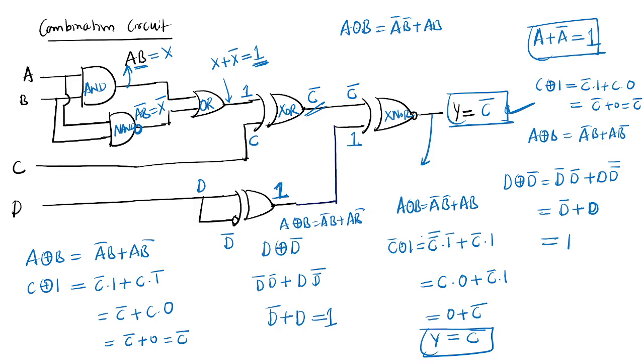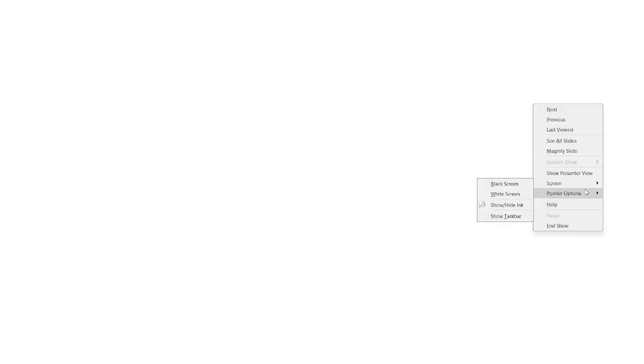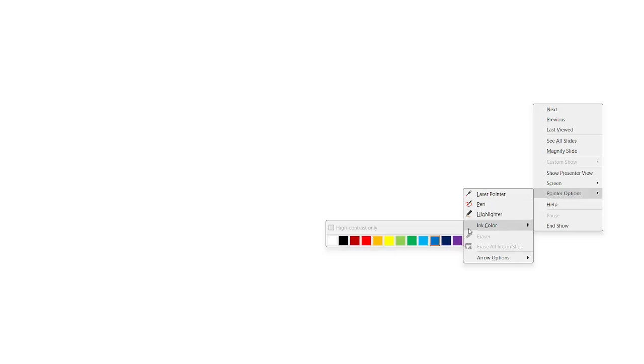Yes, sir. Next you see, you need to find out the redundant gate. How to find out the redundant gate?